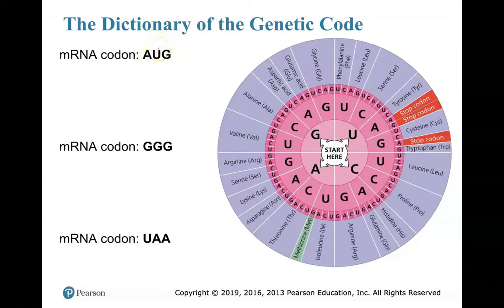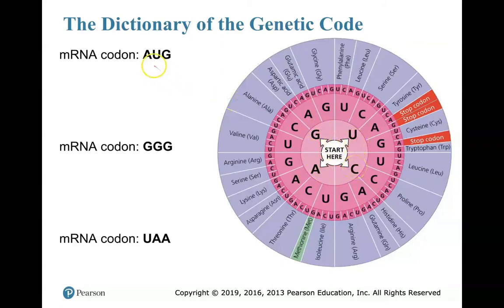So I'm going to use the wheel to do this. We start here in the middle. We always start in the middle. And I have 4 nitrogenous bases to start from. It could be A, G, U, since we're working with RNA, so it's not a T, it's a U, or C. So adenine, guanine, uracil, or cytosine.